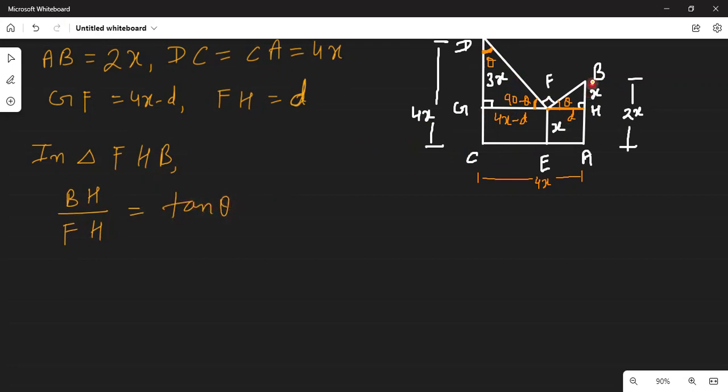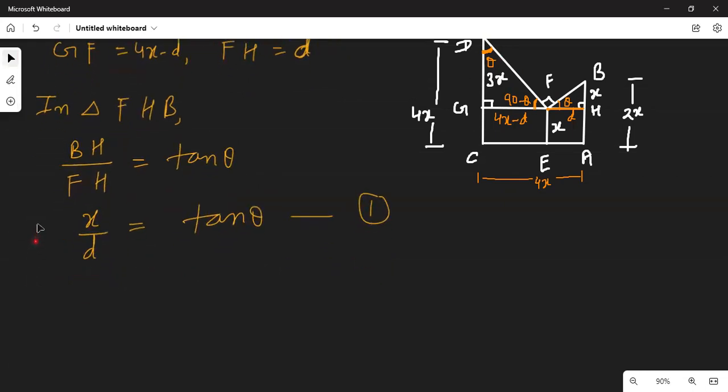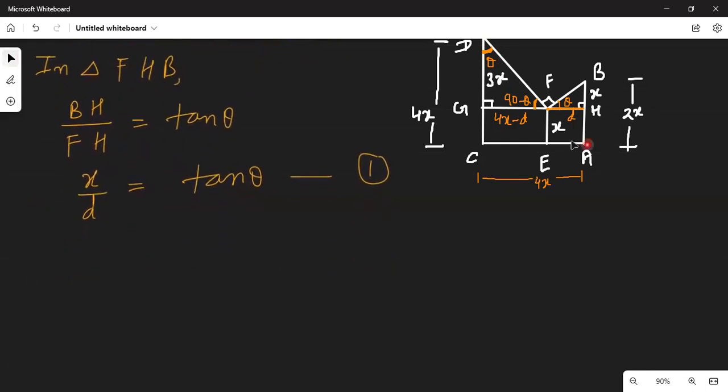Now tan theta means opposite by adjacent, isn't it? The value of BH is small x, and this is d. So x by d is equal to tan theta. Isn't it very easy now? This is equation number 1. We need to find the ratio of d to 4x minus d.